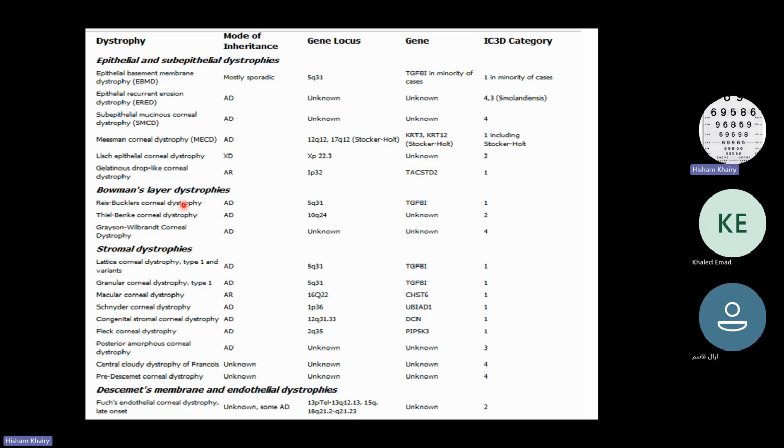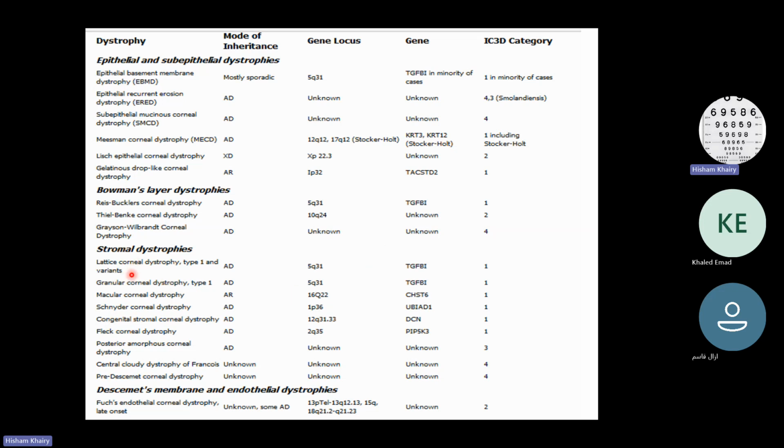Here are the Bowman's layer dystrophies: Reis-Bücklers, Thiel-Behnke, Grayson-Wilbrandt, and all are autosomal dominant. Here is the gene location, and also some are related to transforming growth factor beta.